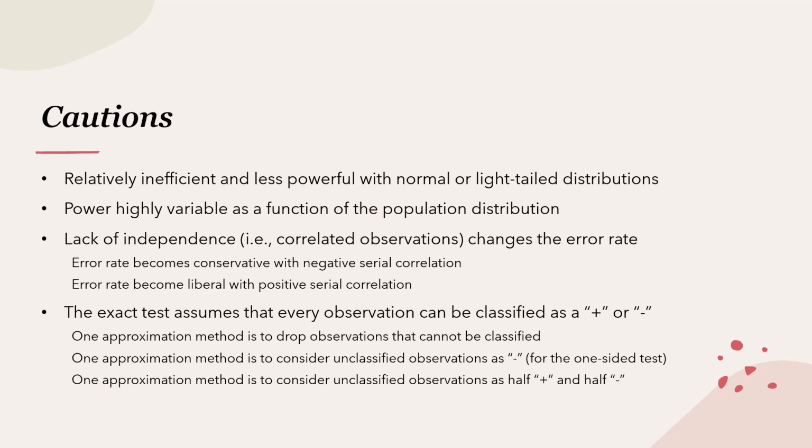So adding a half is not going to push us into the rejection region. On the other hand, if you have multiple unclassified observations, then 2 half plus signs make a whole plus sign. This method is really a compromise between the more liberal method of dropping observations that cannot be classified and the more conservative method of considering unclassified observations as a negative.